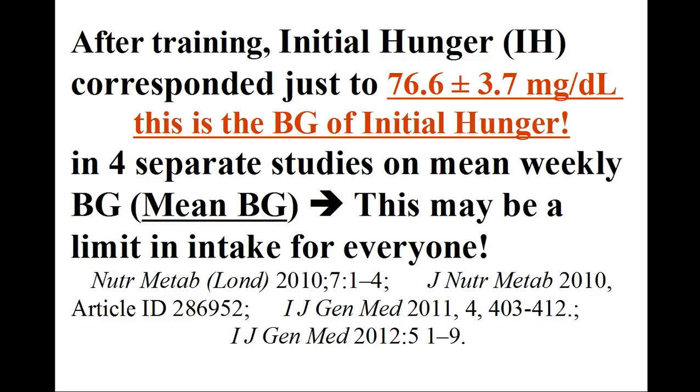This is the Bg of initial hunger in a portion of subjects of 4 separate studies on mean weekly Bg. The arousal of IH 3 times per day, and of the associated blood glucose lowering, mark the initial hunger meal pattern, a subjective energy intake restriction, that is reproducible.